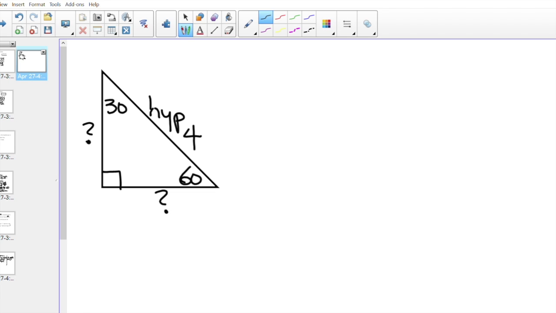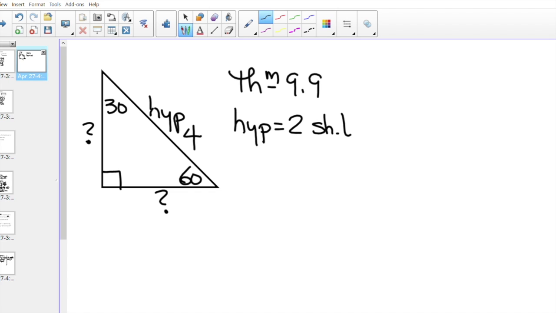Using theorem 9.9, which says the hypotenuse is equal to 2 times the shorter leg, so 4, the hypotenuse, is equal to 2 times the shorter leg, SL for shorter leg.